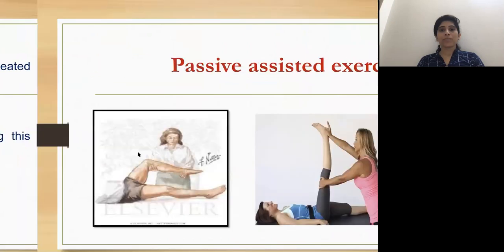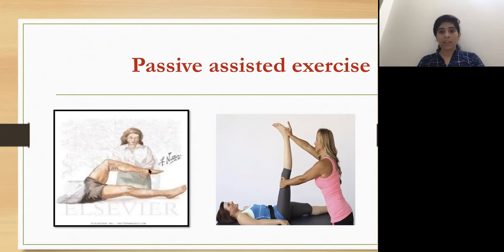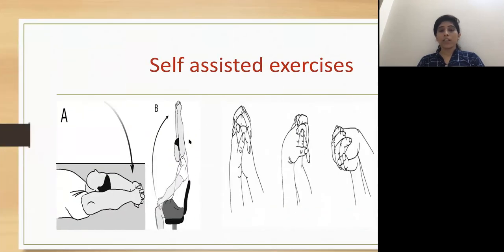Okay, so here you all can see this is the passive assisted exercise. The therapist is assisting for the hip flexion movement, as well as in this first figure the therapist is assisting for the knee movement. Okay, here the self-assisted exercises, the patient is using his other extremity just to achieve the flexion range of the shoulder.